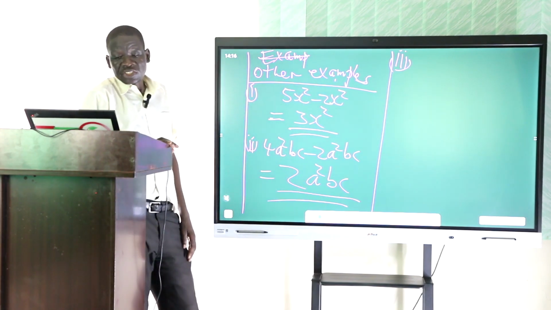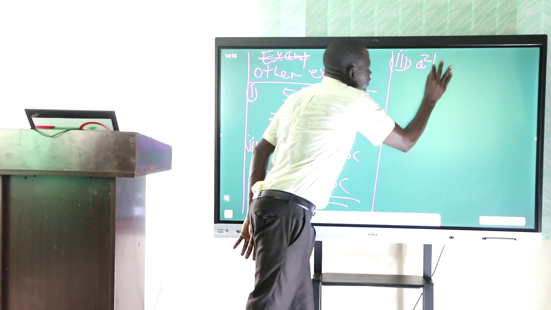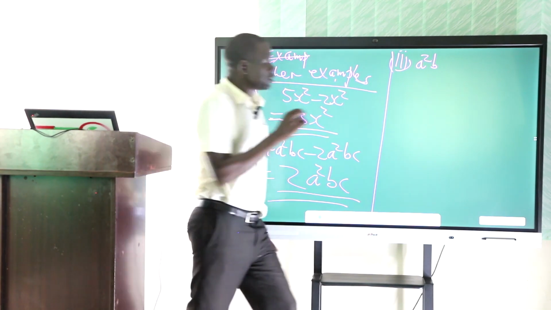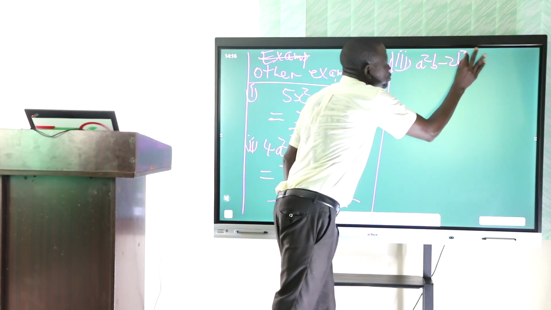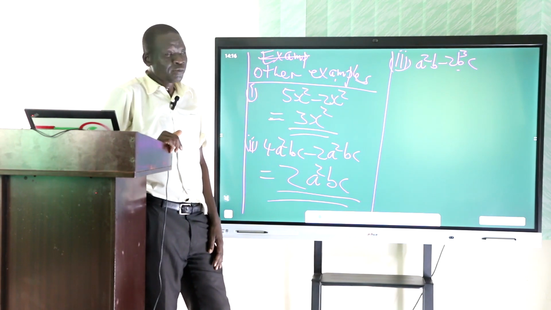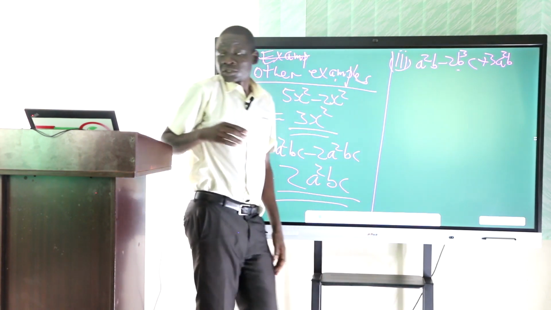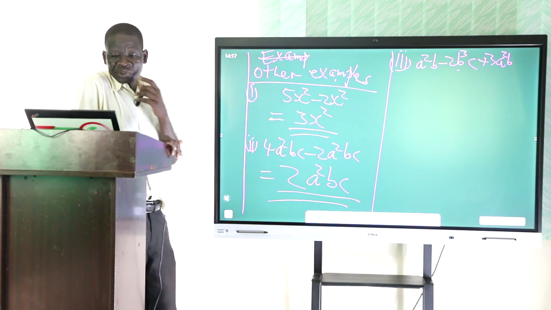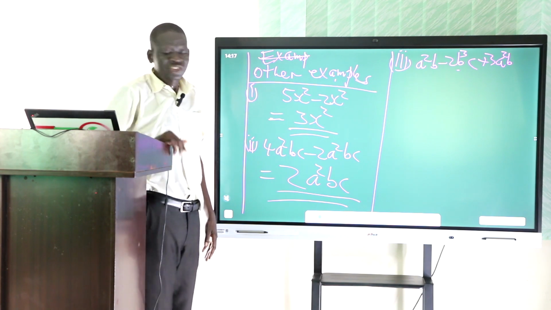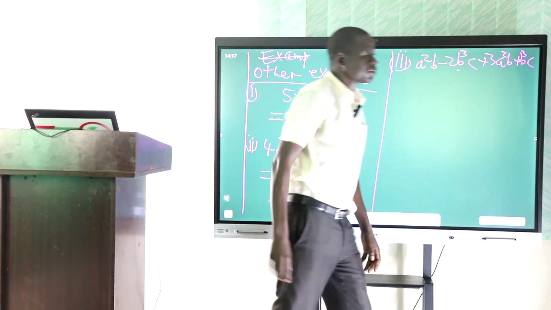Example 3, this one says a squared b minus 2b cubed c, then plus 3a squared b plus b cubed c.